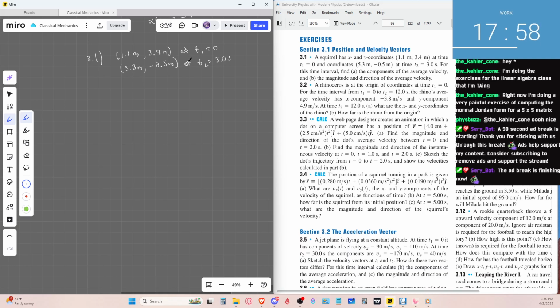For this time interval, find A, the component of the average velocity, and B, the magnitude and direction of the average velocity. Okay.